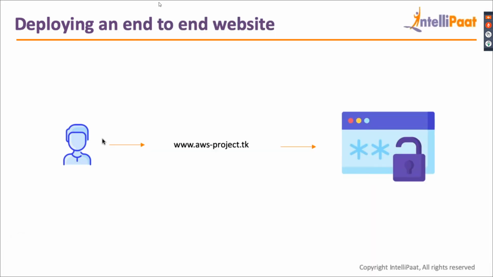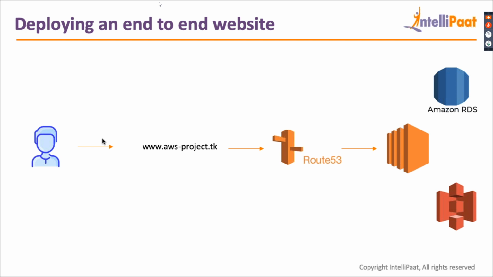We have to deploy this website, and the way we are going to architect it is going to be something like this. First of all, we will configure this domain to connect to the virtual server that we are going to launch, and the way to do that would be using the Route 53 service on AWS. Our website will upload objects onto a storage service called S3.